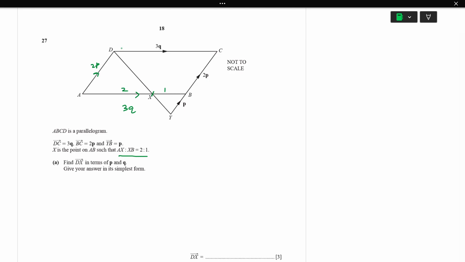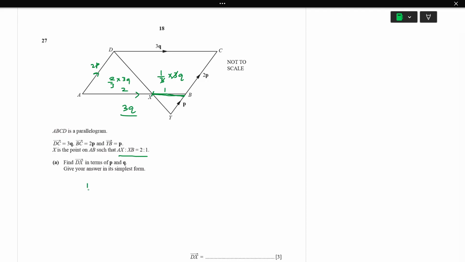For DX, this entire length is 3q. So this length is going to be 2 by 3 into 3q, and the other part is going to be 1 by 3. The total length is 3, so 1 by 3 into 3q equals q. This part is only q.